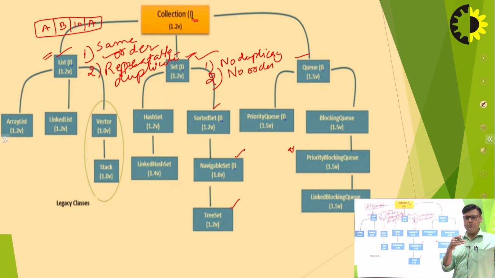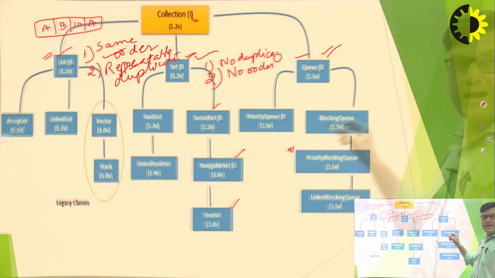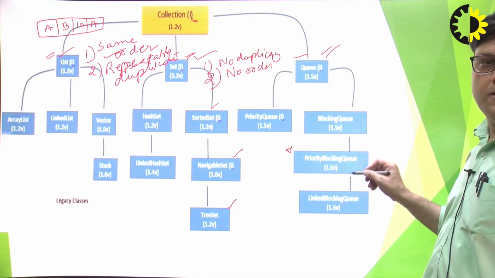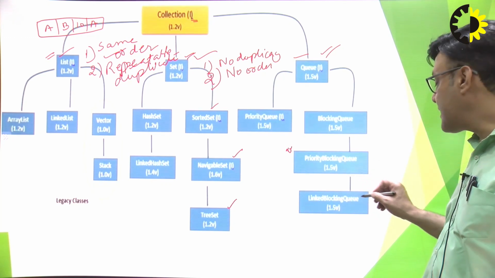If I have to send mail to my students, and before sending those mails I want the list of those mail objects, so I want to do pre-processing before doing some operation, then in that case I will use the queue interface. Under this queue interface we have the PriorityQueue, and the implementing classes are BlockingQueue, PriorityBlockingQueue, and LinkedBlockingQueue.